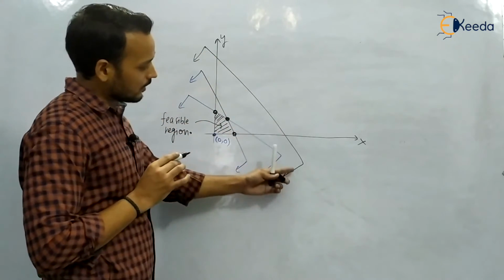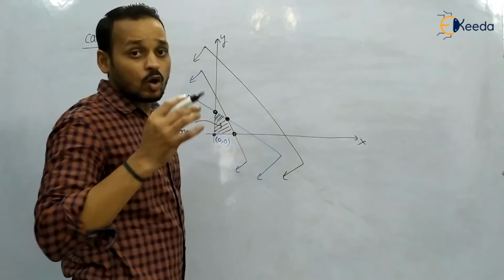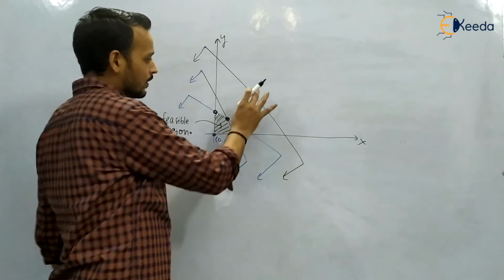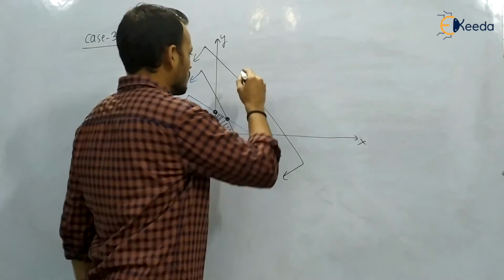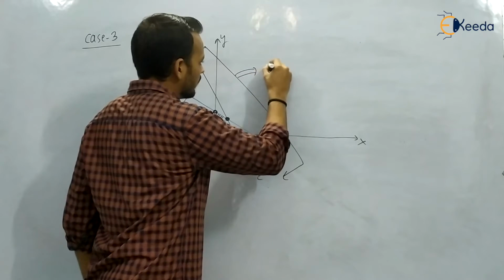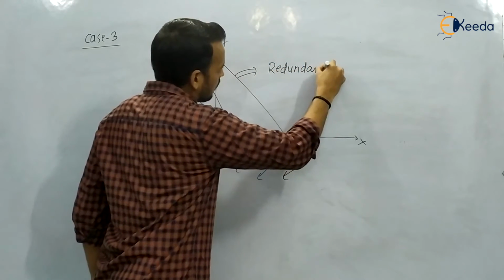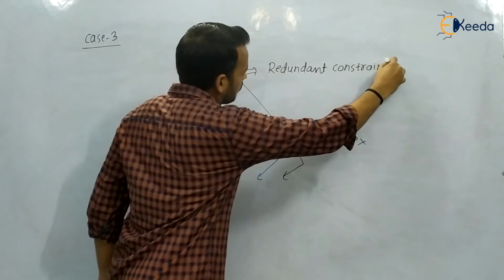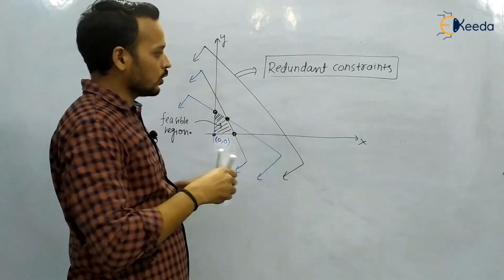You can see this third constraint is not participating in providing the optimal solution. It is participating in the feasible region, but this constraint does not participate in providing the optimal solution. So these types of constraints are known as redundant constraints. How do you define it?